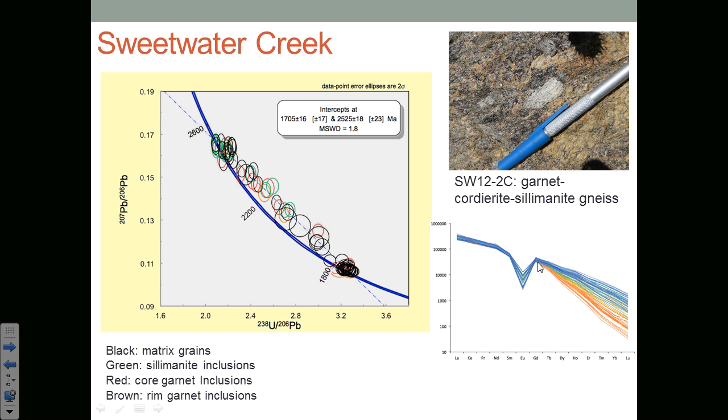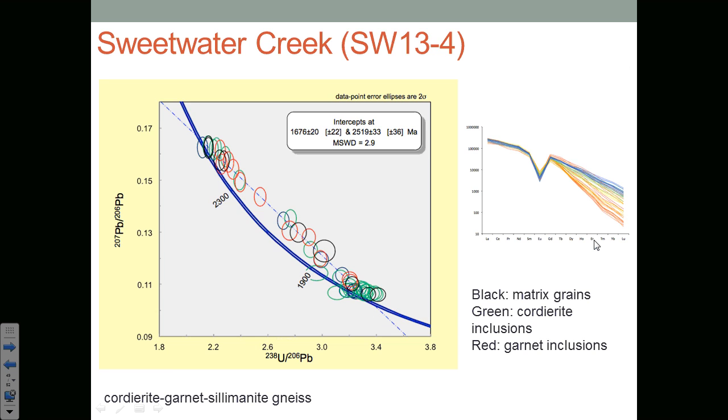And the interesting thing here is that we see, color coded by age in the trace elements, a sweeping as we go from old to young, and a change in the growth environment of those. A second sample from Sweetwater. This is a rock that has about 40% cordierite in it, still garnet sillimanite bearing.